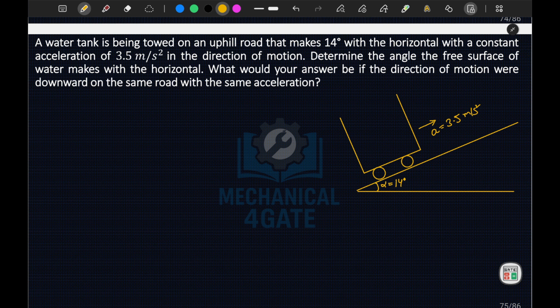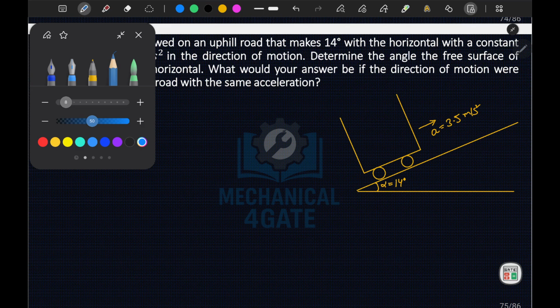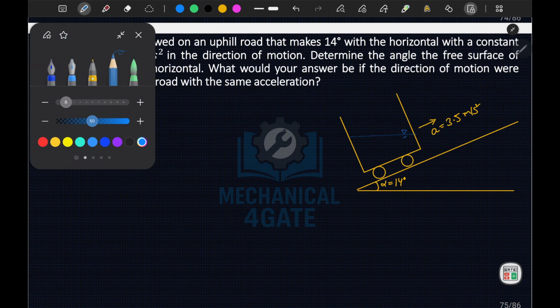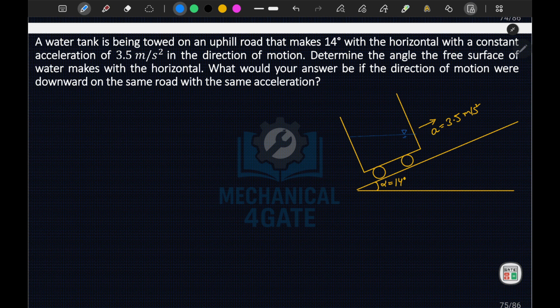Initially, let's say this is your free surface. But due to the motion, it would become something like this.